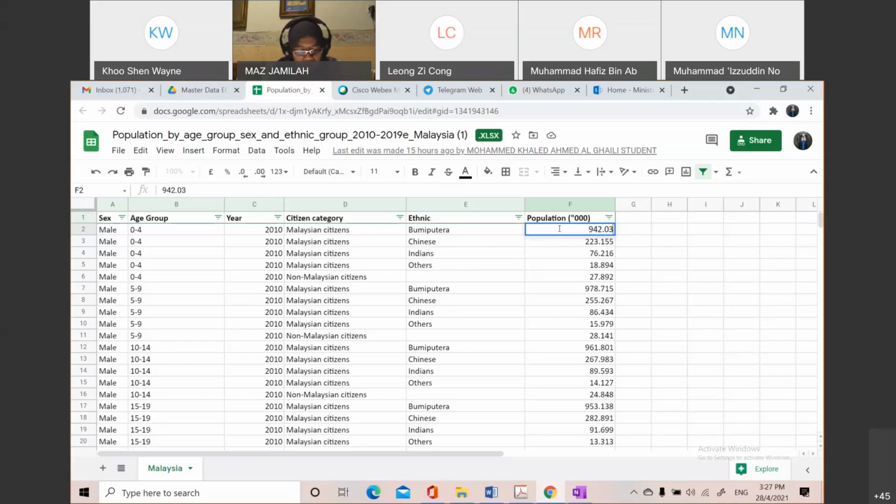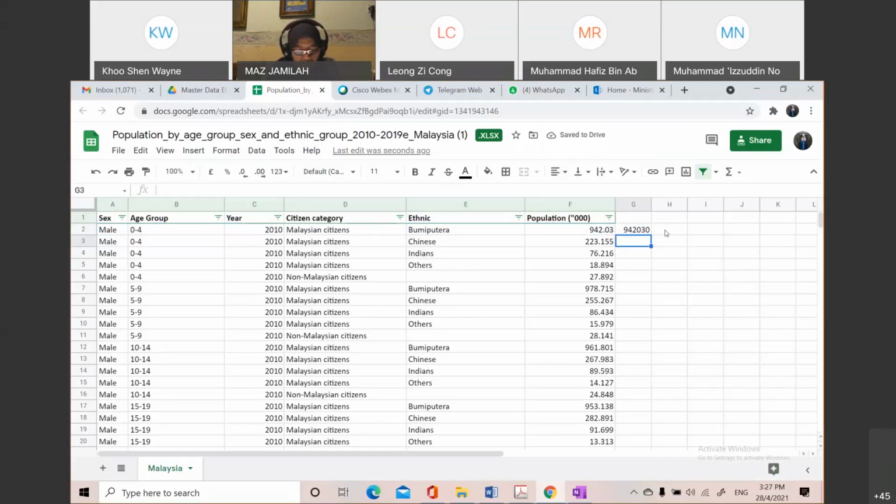So your sample for 2010, age group 0 to 4, male, Bumiputera, is 942,030. Here in terms of thousand it will be 94203, if you multiply by 1,000.